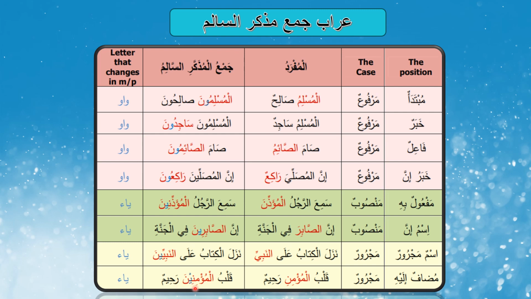You can see the ya and noon. There is a sukoon over the ya, which is a printing mistake, because this ya is a long vowel. Qalbul mu'minina rahim. So it's in ism majroor position. How do you know? By the ya and by the position in the sentence.